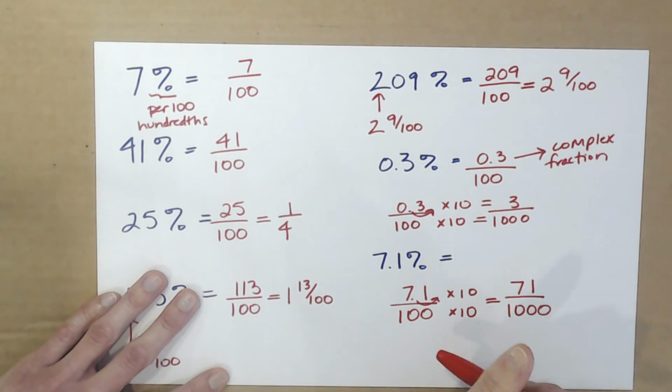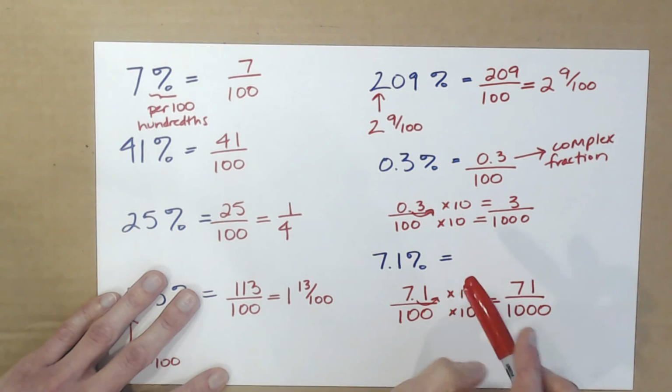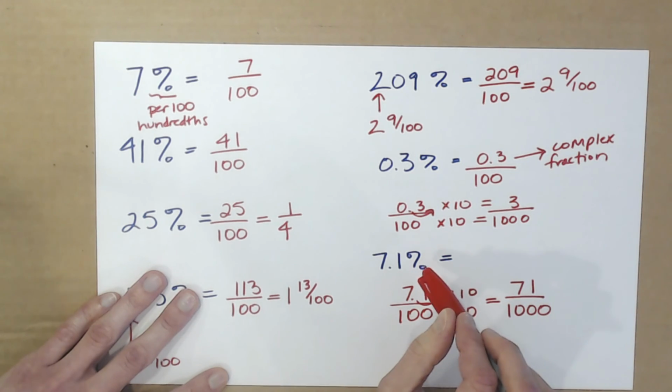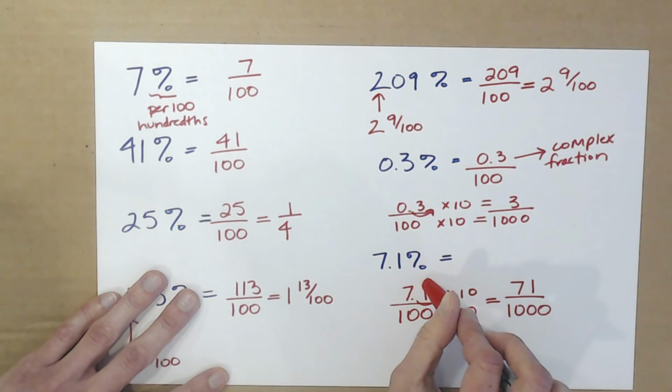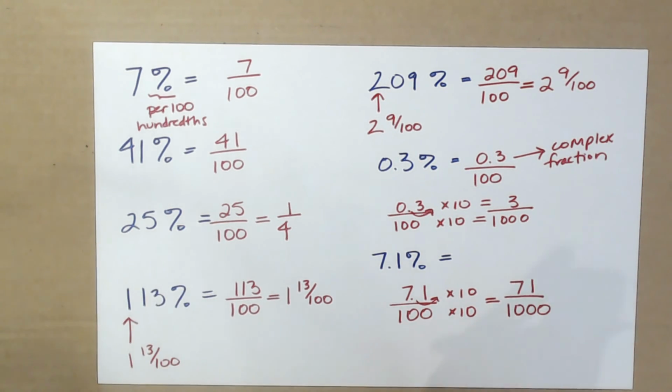So as I said before, on your practice sprint, you're more than welcome to start using paper to do this. But then I want you to start thinking about this in your head. When you see something like 7.1%, think in your head, 7.1 over 100. Oh, I can't have that decimal in the numerator, so I'm going to multiply numerator and denominator by 10, and I get 71/1000ths. Okay, so there you go. Good luck on your sprint.